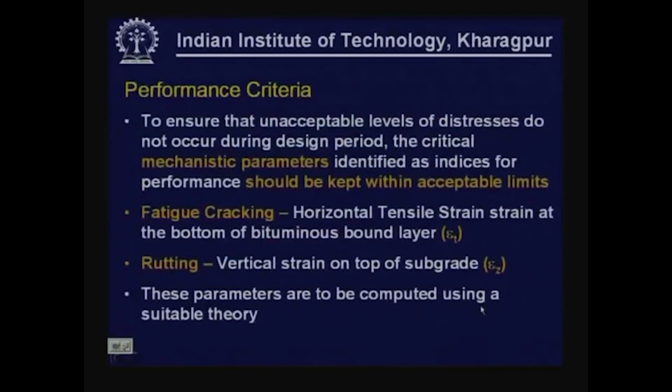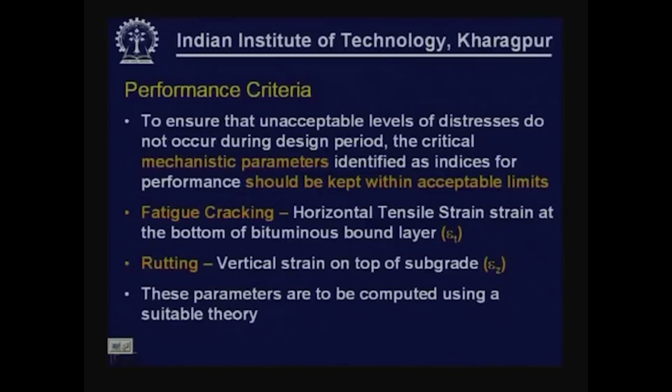To ensure that these unacceptable levels of distresses just defined do not occur during the design life period, the critical mechanistic parameters identified as indices for performance, which you may recall are vertical strain on top of subgrade and horizontal tensile strain at the bottom of bituminous layer, should be kept within acceptable limits.